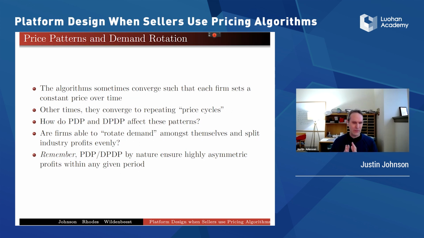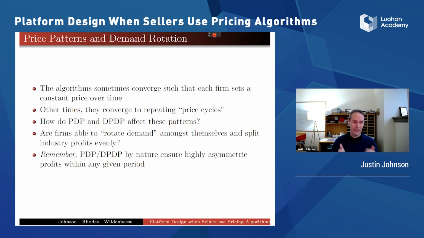Remember that these demand steering policies, especially if gamma is equal to a high number like 1, by design make the outcome within any given period highly asymmetric. Suppose gamma is equal to 1, and we're just using PDP with 2 firms.